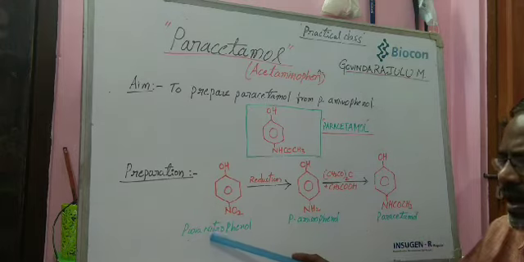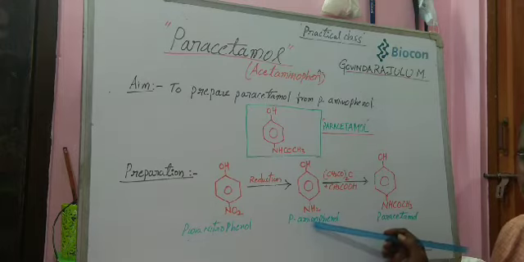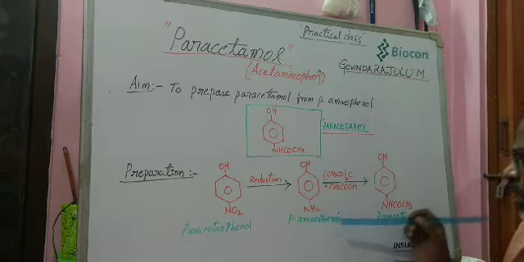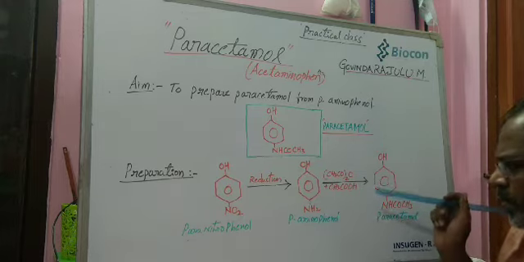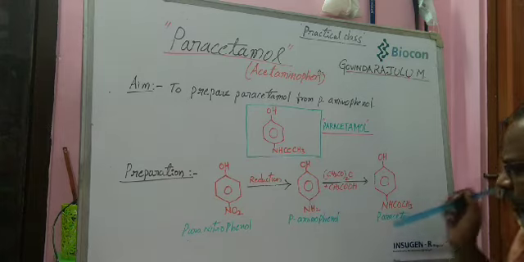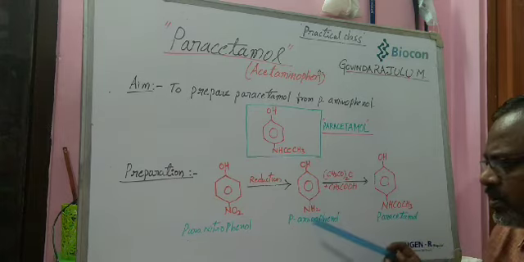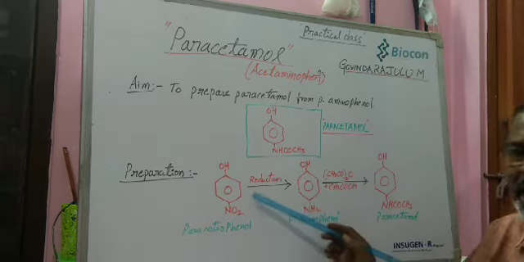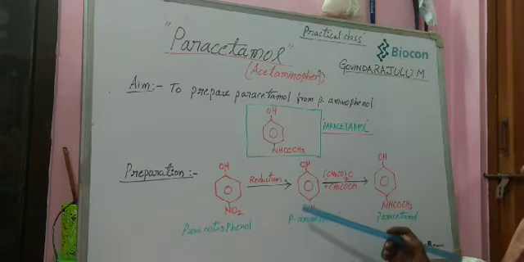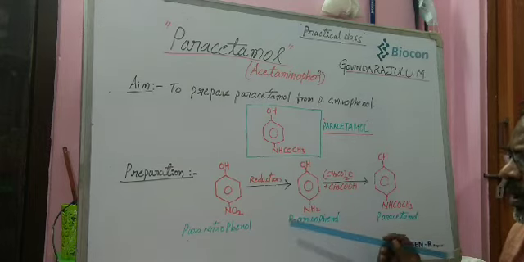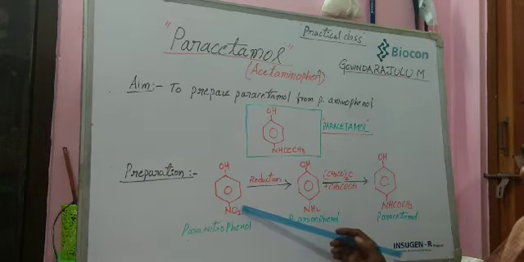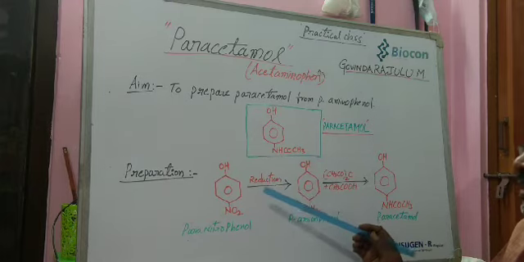So para-nitrophenol to para-aminophenol to paracetamol. Here we don't prepare paracetamol directly from para-nitrophenol; first we have to prepare para-aminophenol from para-nitrophenol by the reduction process.